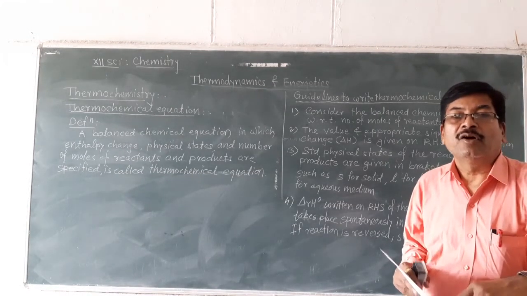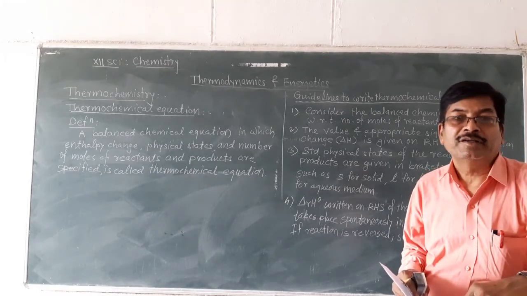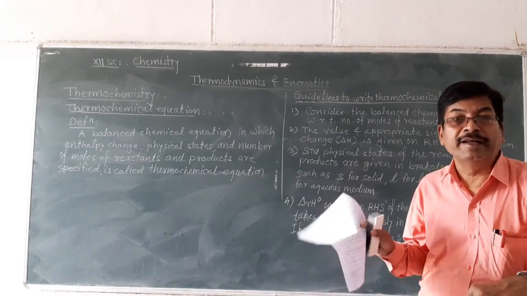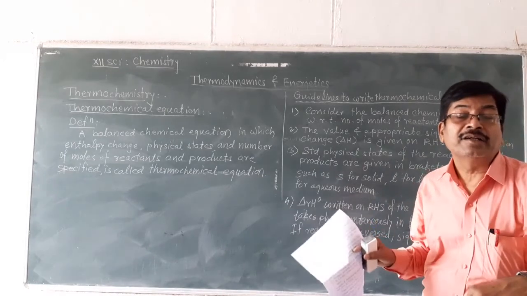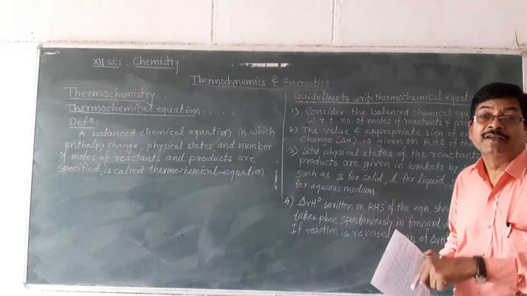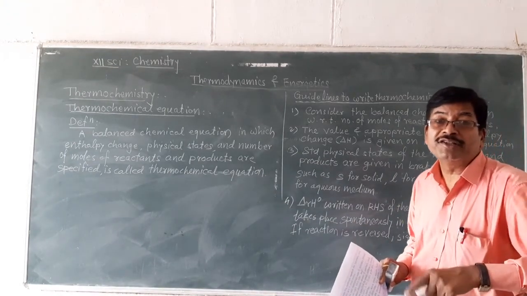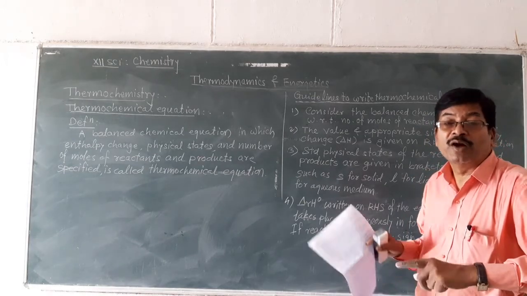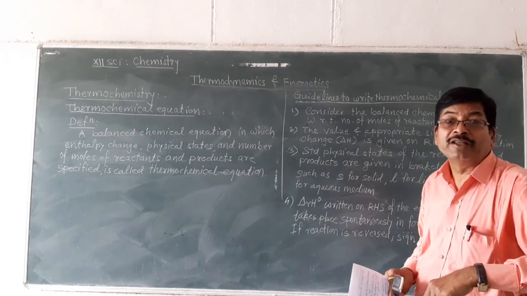Sign of delta rH written on right hand side indicates that reaction takes place in forward direction. If you want to reverse this reaction, you have to reverse sign of enthalpy also.